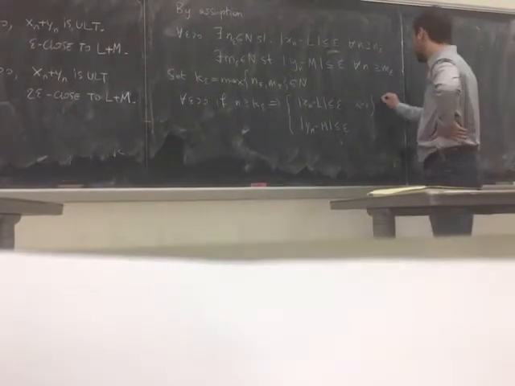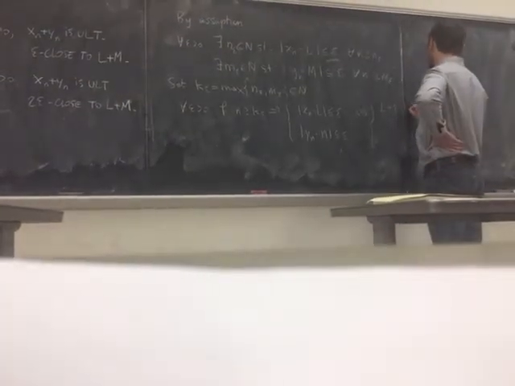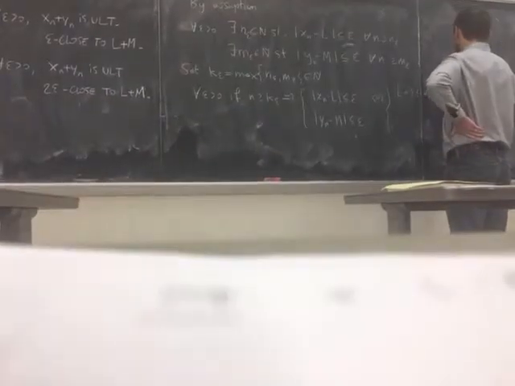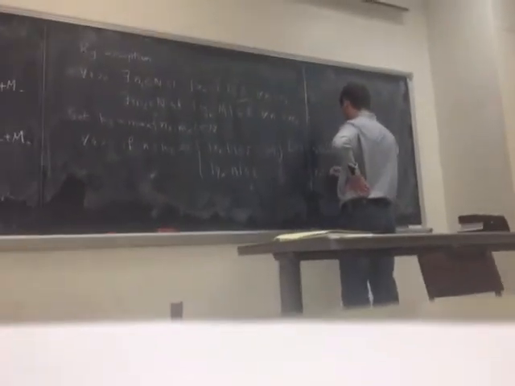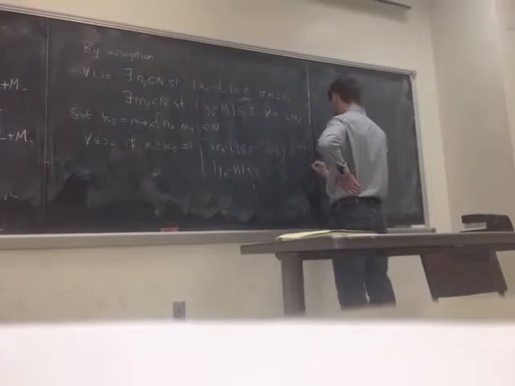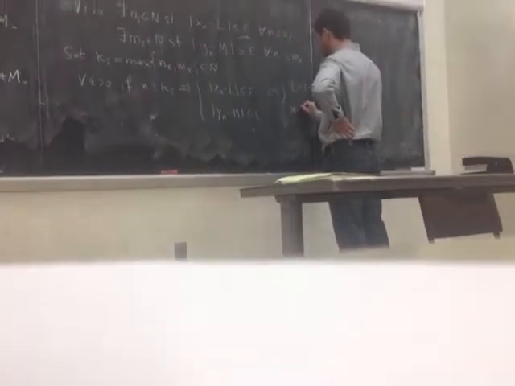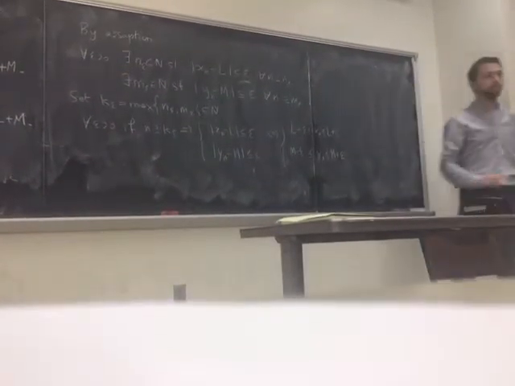The first one is L minus epsilon less than xn less than L plus epsilon. The second one is M minus epsilon less than yn less than M plus epsilon. I'm just rewriting, without using the absolute value, my pair of inequalities.